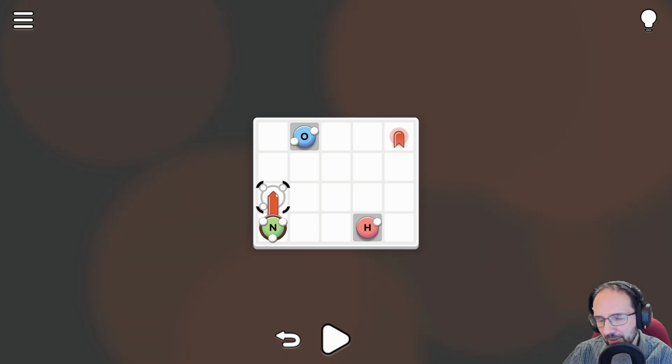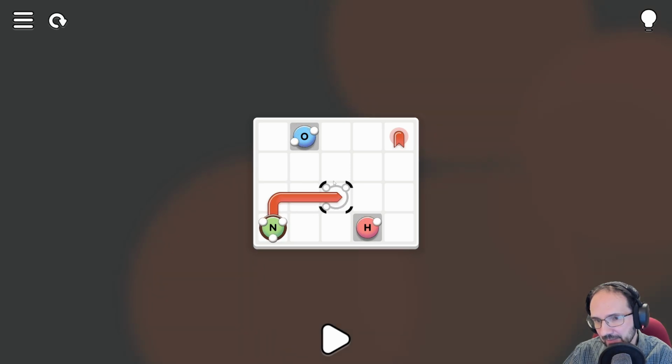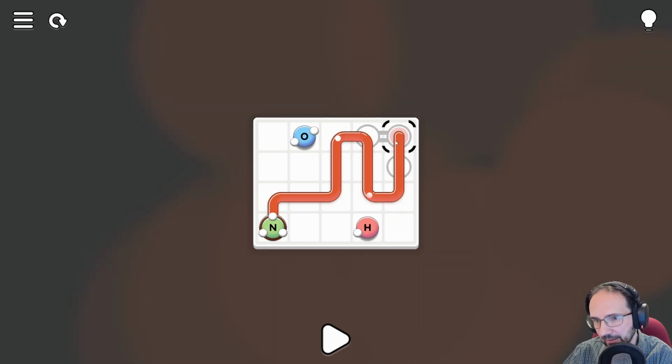Okay, we know we can't bond this one above us. One of them needs to be to the left and one needs to be below. And the only way that is possible is if we go left and below and out.